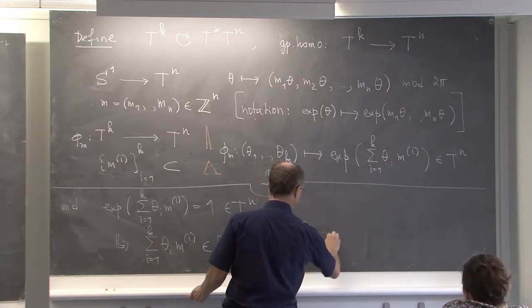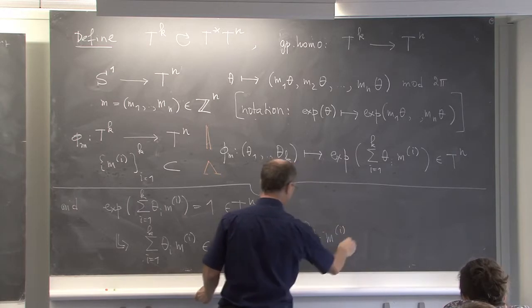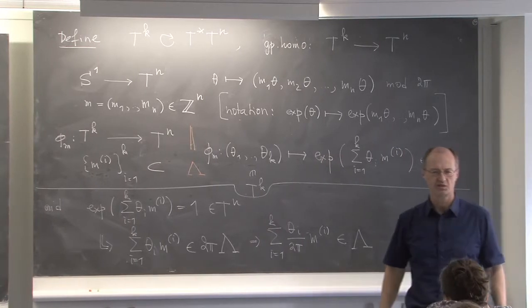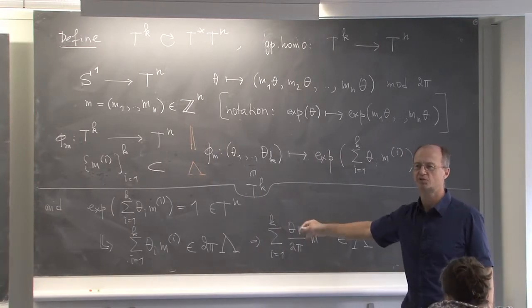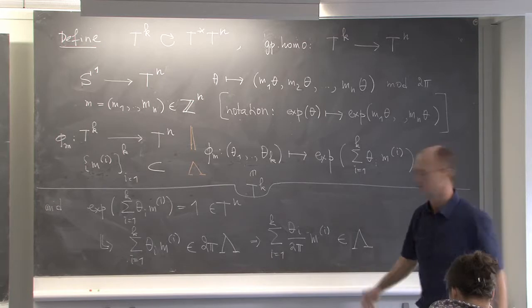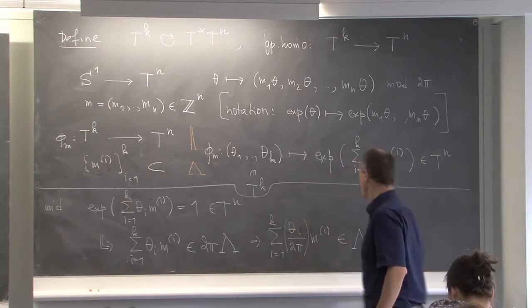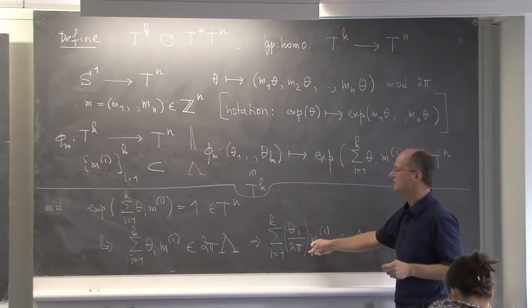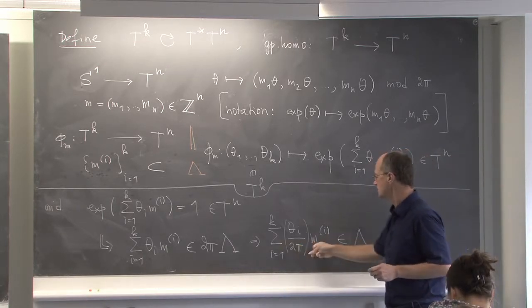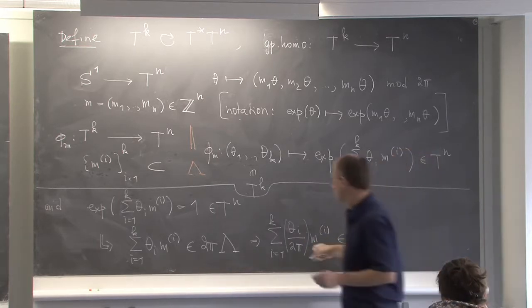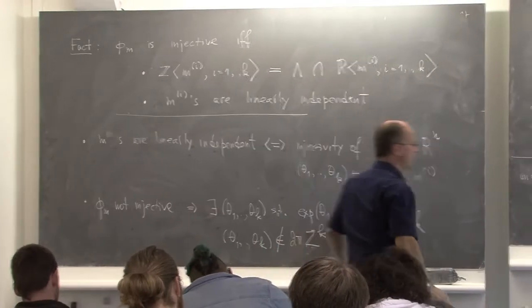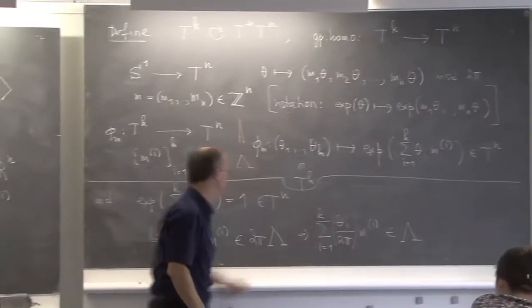When preparing the lecture, I was long hesitant whether I should declare 2 pi equal to 1 or not, and then, in the end, what you see is a kind of trace of this hesitation. Right. So what we see is that there is this linear combination of mi's, which is in lambda. So this is an element here. But we know that the coefficients are not all integer.